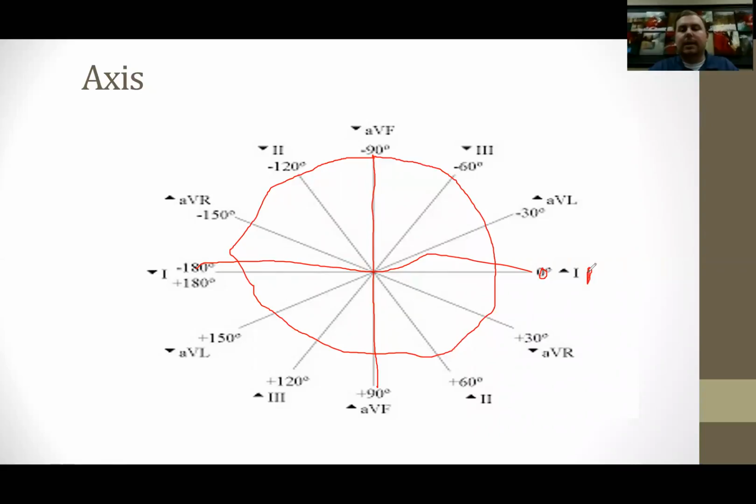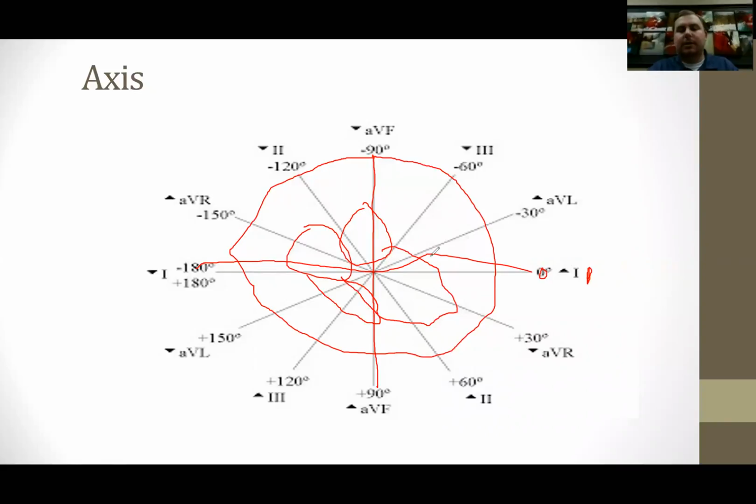So lead 1 sits out here at 0, and imagine that my heart's sitting in the middle of this. Lead 1 is looking out here at this lateral wall. Hopefully you guys can understand what I drew right there. Everything that's sitting out here on the circle is looking in from that point.